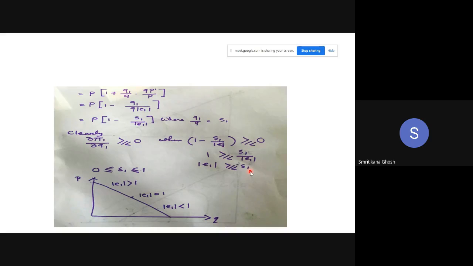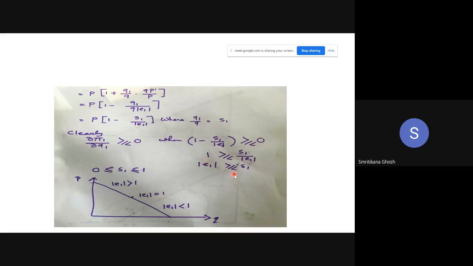So for this part, E1 is greater than S1. When E1 is equal to 1, at this part, E1 is equal to S1. And after this part, E1 is less than S1. So this is how you can find out the range where these values will change.